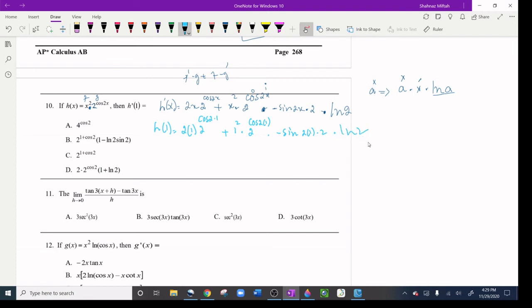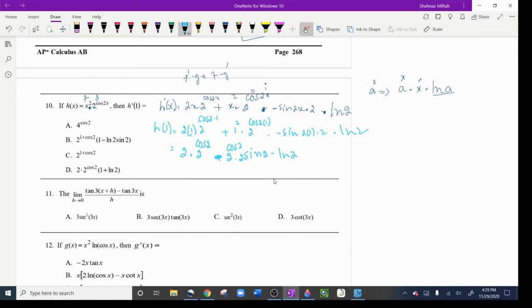So I plugged in everywhere. When I see x, I plugged it in. 2 times 1 is going to give me 2. So 2 times 2 to the power cosine 2, plus 1 times 2 to the cosine 2, and that negative is going to move up here, and I got 2 sine 2 times ln 2.